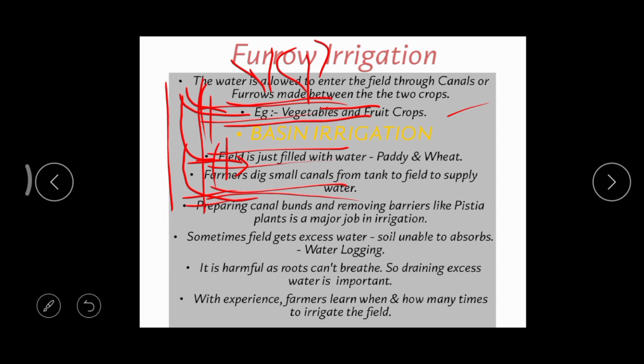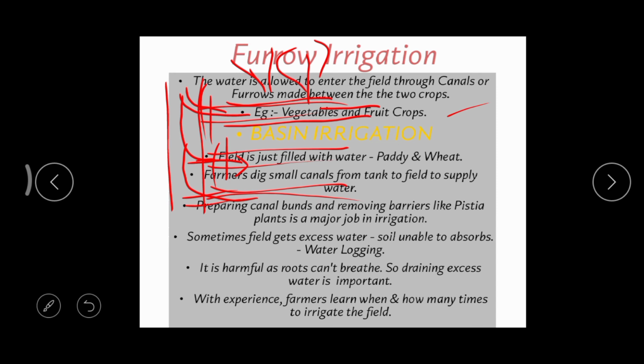And what's the next one? Basin irrigation. Here in this method the field will be plain, and we supply the water throughout the field. That means it appears just like a pond. Have you seen any paddy or wheat field? How do they supply the water?